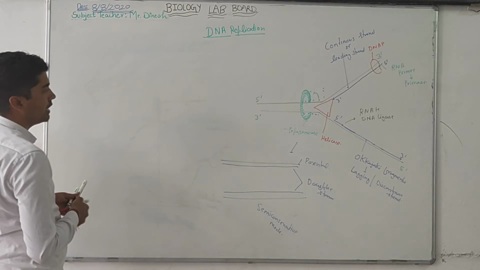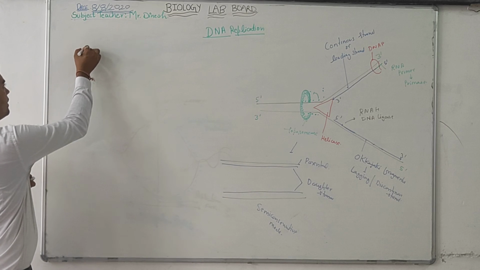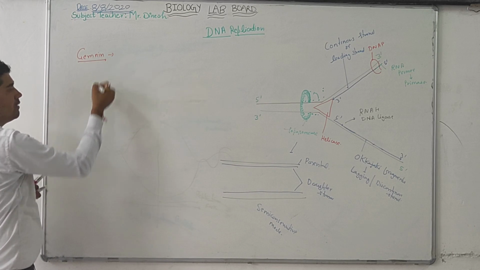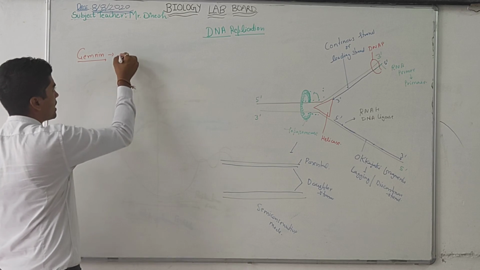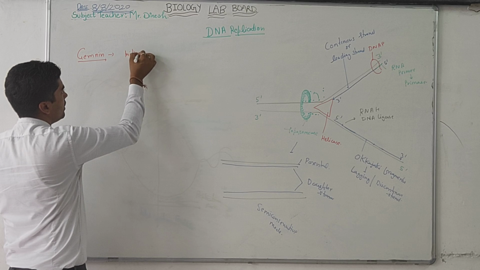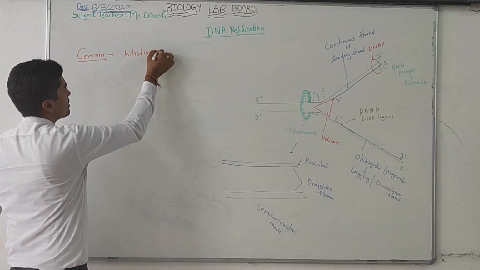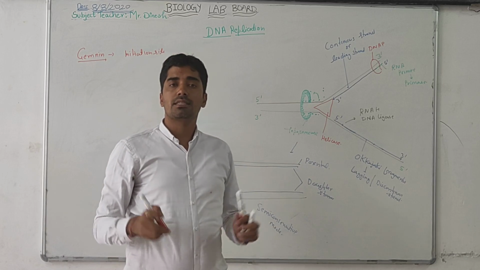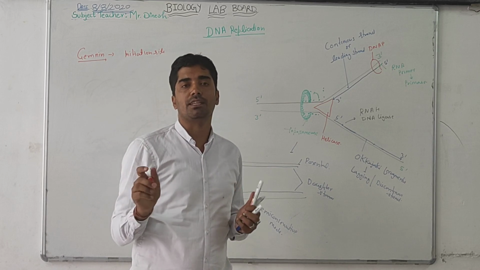Now there is one protein called geminin. This protein will attach at the initiation site, meaning the origin of replication, but it will prevent the second phase of replication.